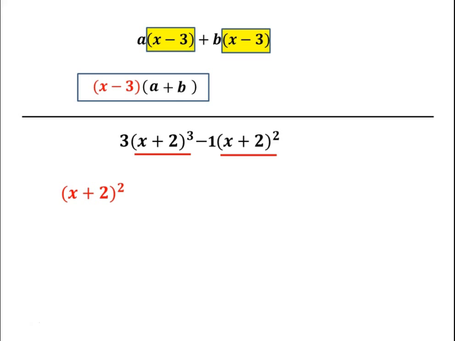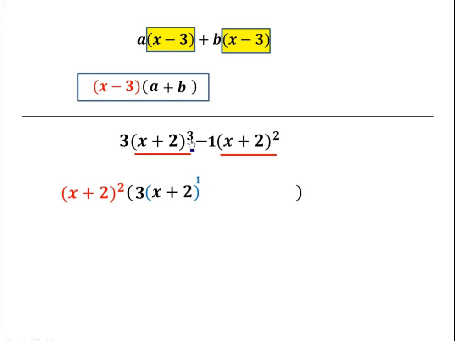Now I need my parentheses. So when I factor 2 powers of this x plus 2 from this first term, I'm still going to have that 3 left over, but I also have a single power of x plus 2 left over. So there's my 3, and there's the x plus 2 to the first.